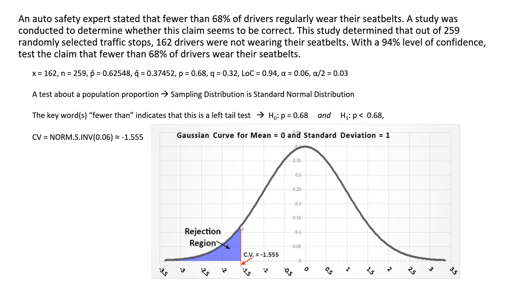That tells me where my tail actually begins or ends, depending upon how you look at it. And depending upon my level of confidence, that boundary will change. It'll move to the left a little bit or to the right a little bit. But it's usually somewhere between 1.5 and 2.5-ish, depending upon the level of confidence.